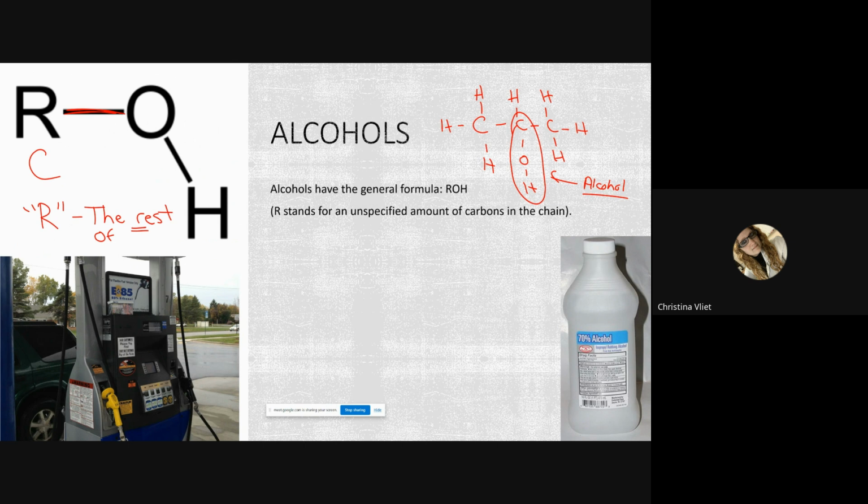The R group could be one carbon, it could be a billion. You don't have any molecules that are that big, but you have some molecules that have a lot of carbons. And so you're looking for this exact part, C-O-H, that tells me alcohol. This is different from the polyatomic ion. You've seen OH before. When you see OH minus, that's different.